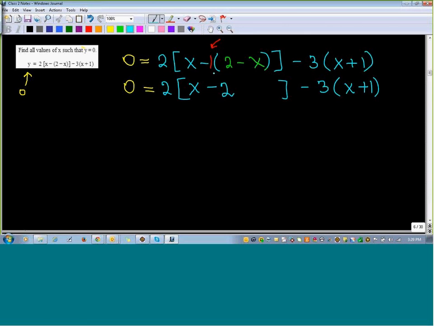It doesn't belong to x. So always make sure those signs stay with each number. So what is there only is x plus x, right? x plus x, which is 2x. You could put that over there also, it doesn't matter. Let's just take the parenthesis first. Minus 2 and minus 3 times x plus 1.